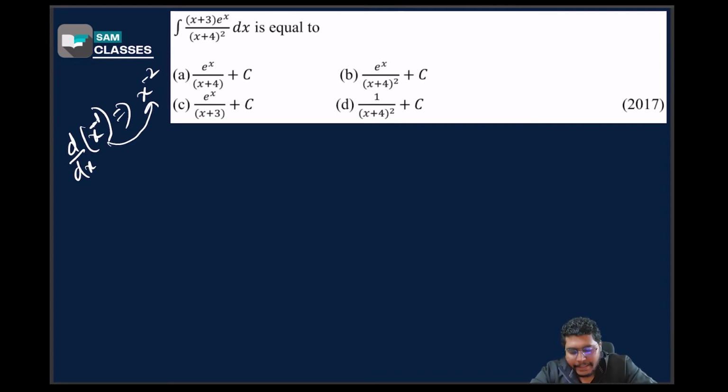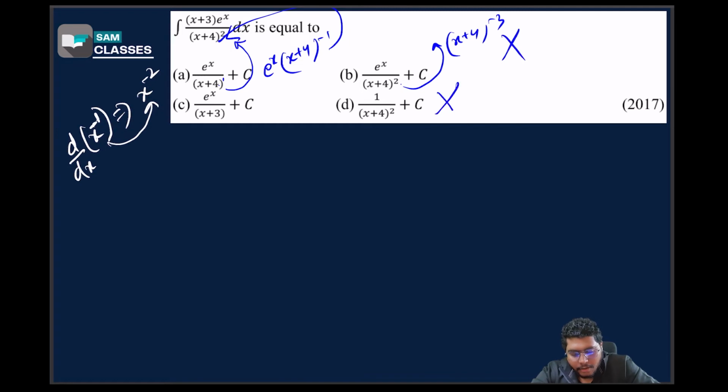So I have to differentiate to get this integral: differentiate x plus 4 power minus 1, so you can write it as e power x into x plus 4 power minus 1. Then only I'll get in the integral form power minus 2. See, the rest all power 2 is there, so it will go to x plus 4 power minus 3. So gone. That's it, done. Sir, it took just 5 seconds.